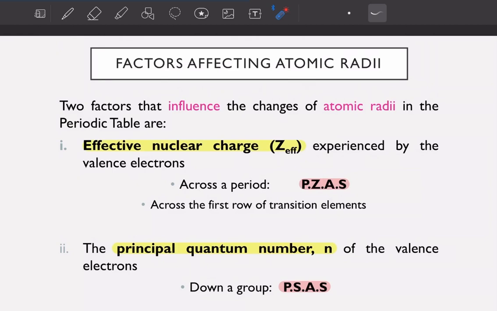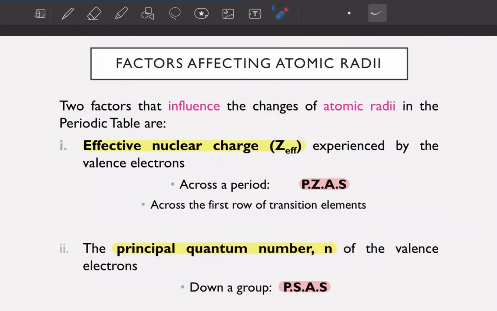We want to know the effective nuclear charge experienced by the valence electron, because it is the outermost. If it is high, it is pulled very strongly. Across the period, we will use the formula PSAS to explain effective nuclear charge. The other factor is your principal quantum number, N.